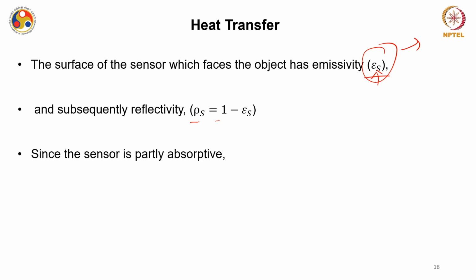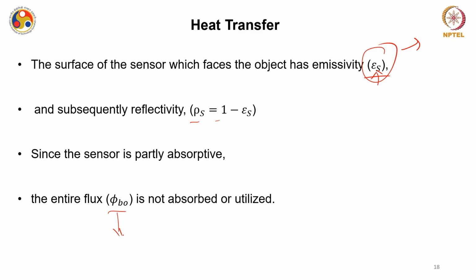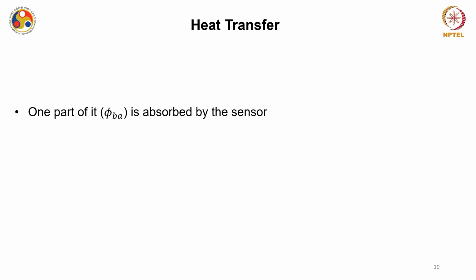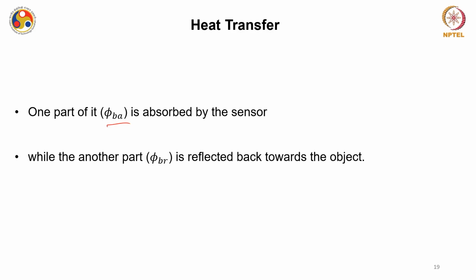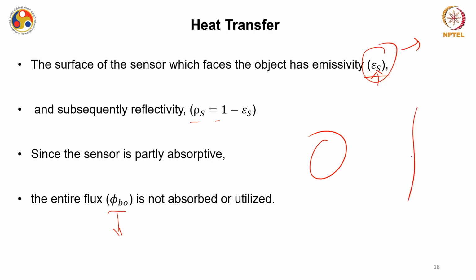Since the sensor is partially absorptive, the entire flux phi b naught which is generated from the object is not absorbed by the sensor, or it is not completely utilized, right? So one part of it, say phi b a, is absorbed by the sensor, and another part, say phi b r, is reflected back towards the object. So there are three fluxes involved here. If you see, I have this object and this is my sensor.